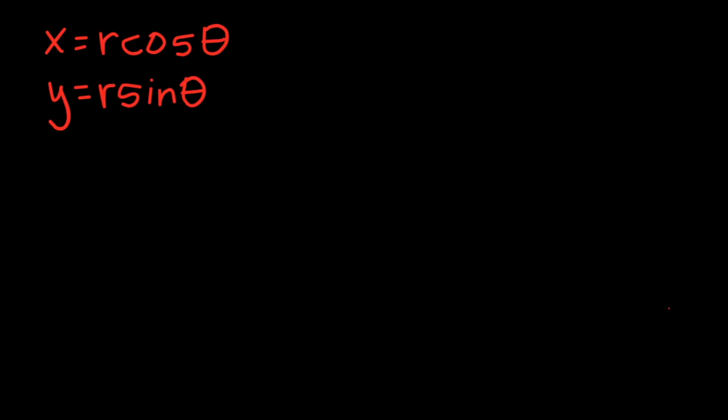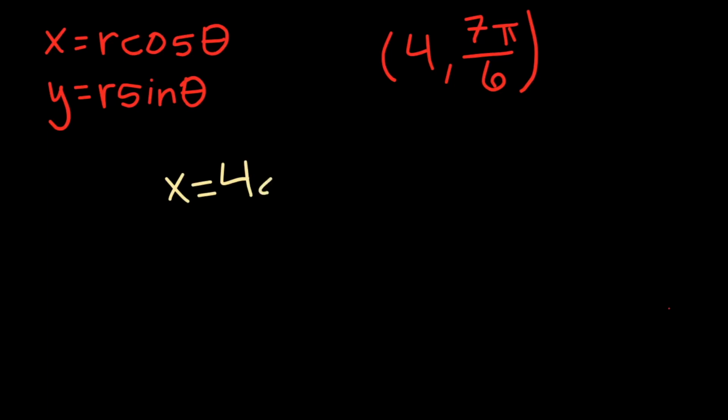If we want to convert, for example, 4, 7 pi over 6 to rectangular form, we would use these formulas to show that x equals 4 cosine theta and y equals 4 sine theta.